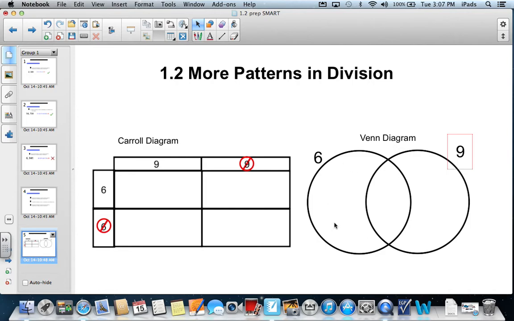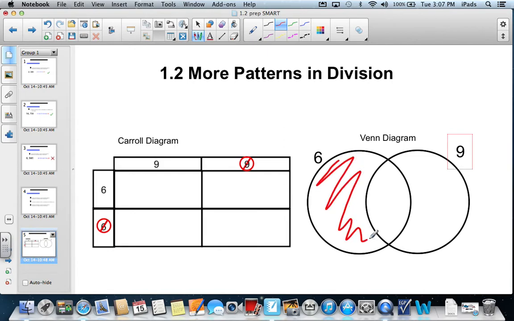In the Venn diagram, this portion over here is for 6. Any number that would be divisible by 6 would be put into this section over here that are only divisible by 6. Well, if you look over here, any number that's divisible by 6 and only by 6 would go into this box. Divisible by 6 but not 9. And then on this chart, anything that's divisible by 9 but not 6 would go over here.